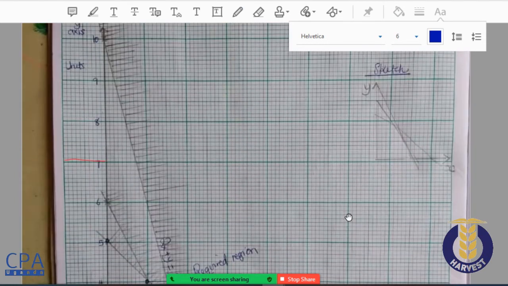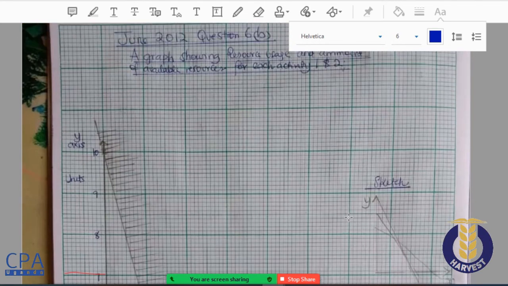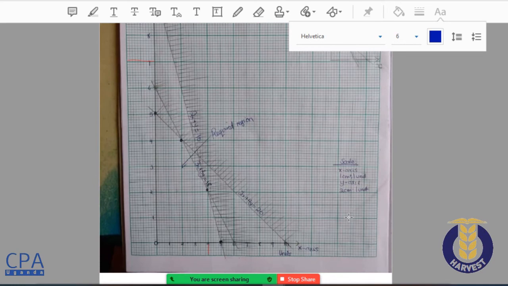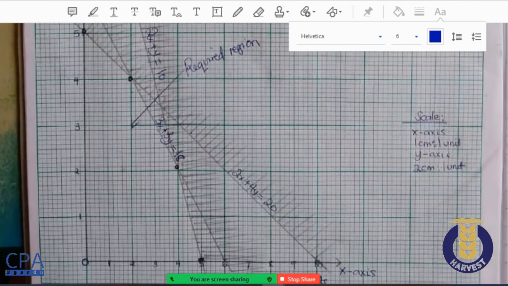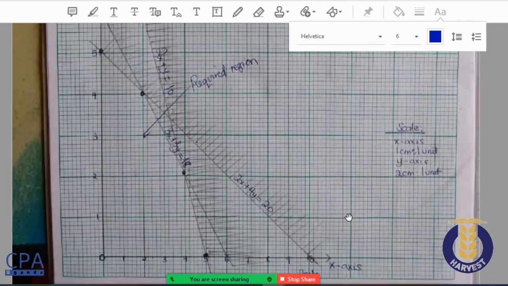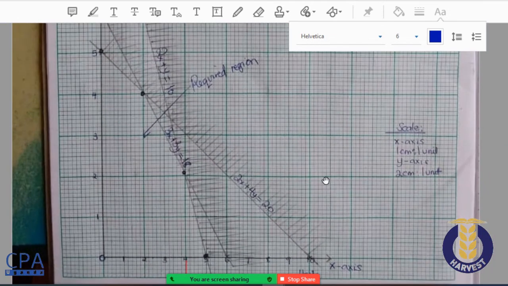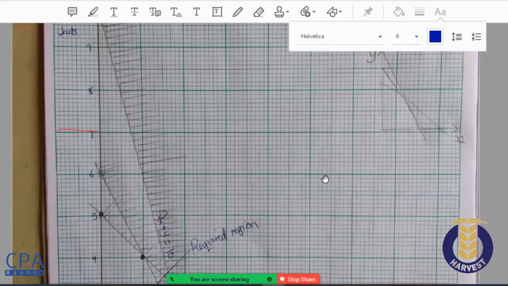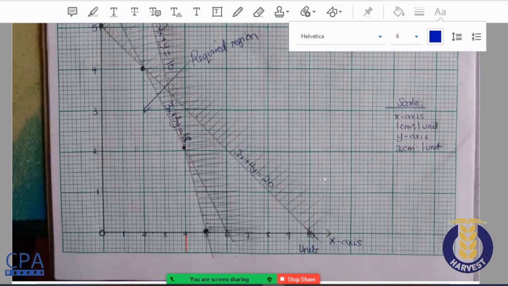So this graph is close to 3/4, but as you can see, it is still a bit small. If this student had made the x-axis bigger, it would have been good enough to cover 3/4. So the scale used on the y-axis is okay, but the scale used on the x-axis is not okay.